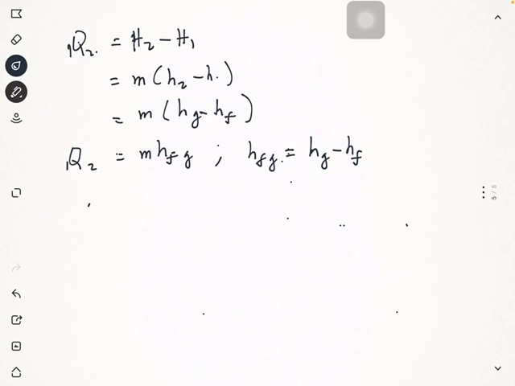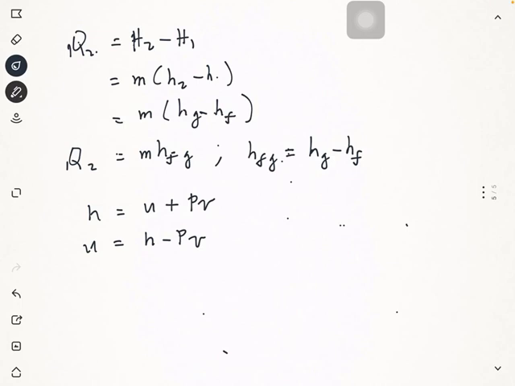Okay, so we have here H is U plus PV, the small letter v, and U is the internal energy. U is H minus PV.